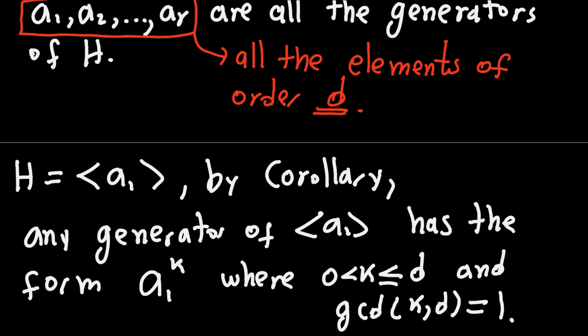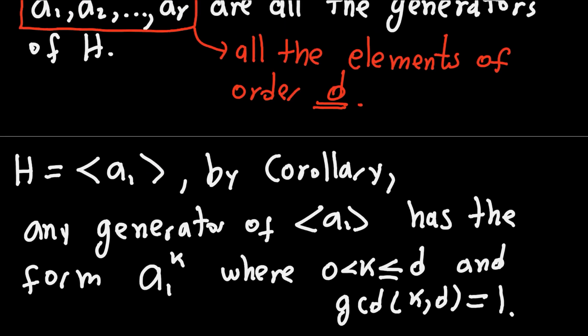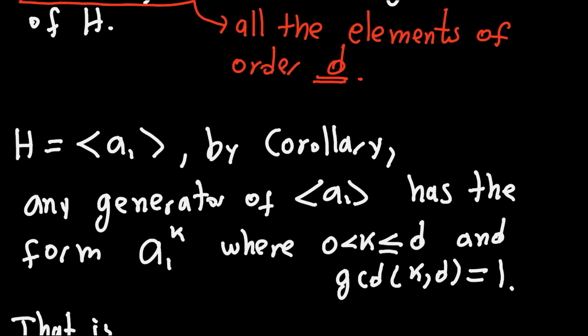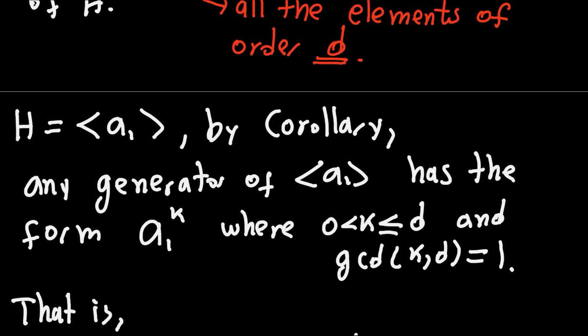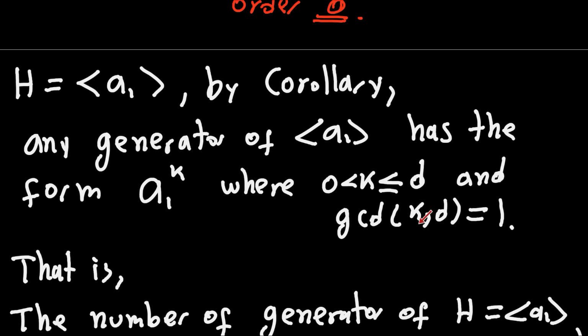So let's look at the first element in this list, a_1. Now, I know that H is generated by a_1. Why? Because it's generated by each one of them. We have proved this corollary. If you have a generator of a group, then any other generator of that group is a power of the generator, a to the k, where that exponent k is between 0 and D, D is the number of elements in that subgroup, and the GCD between k and D is equal to 1.